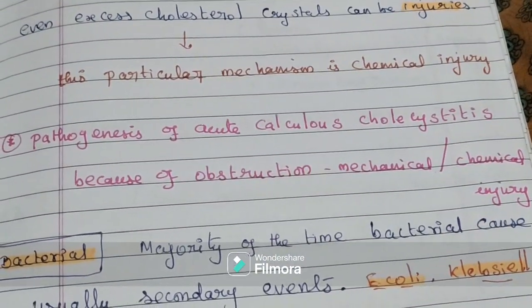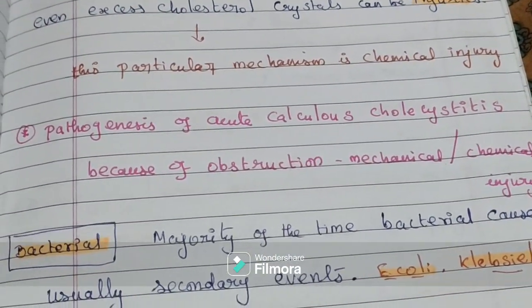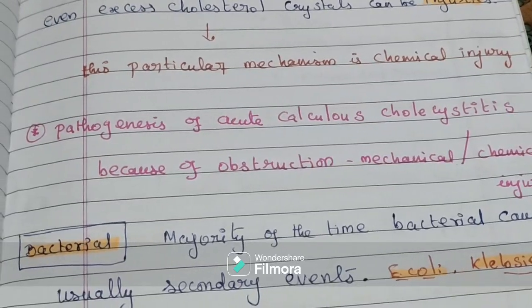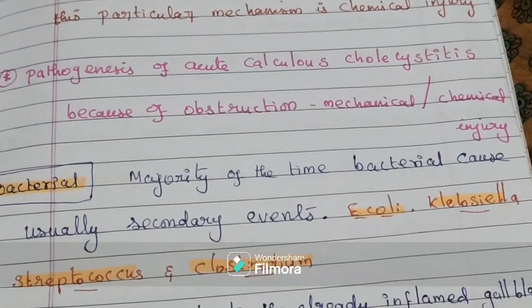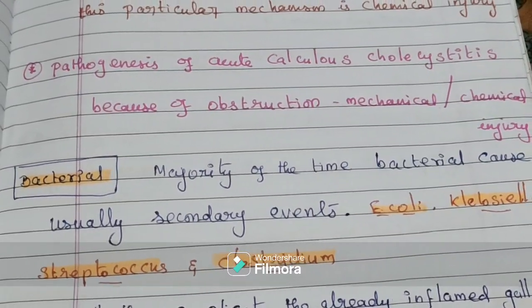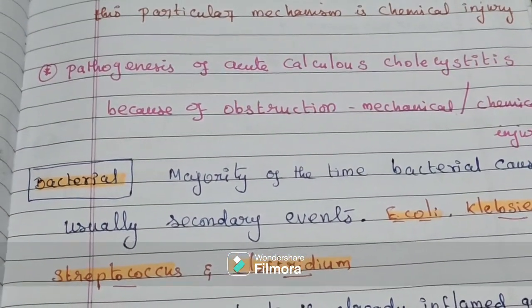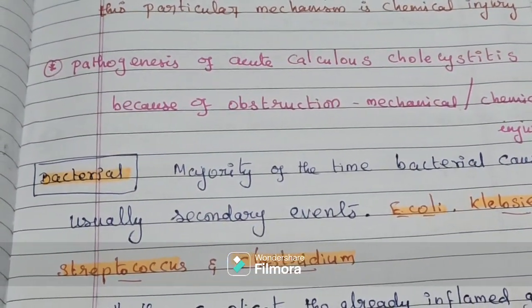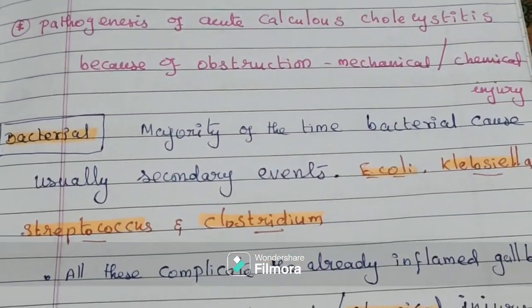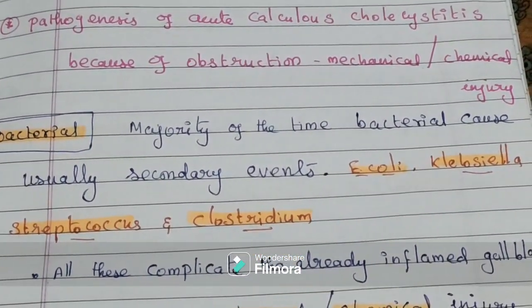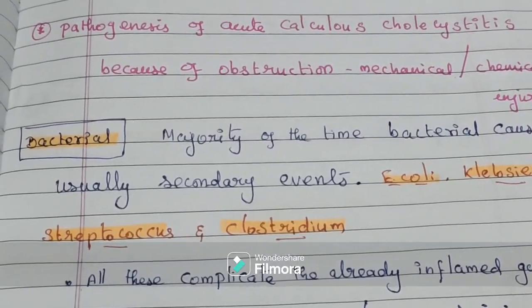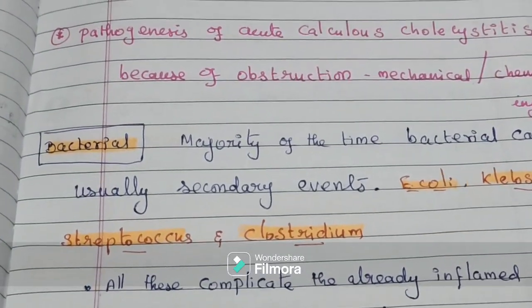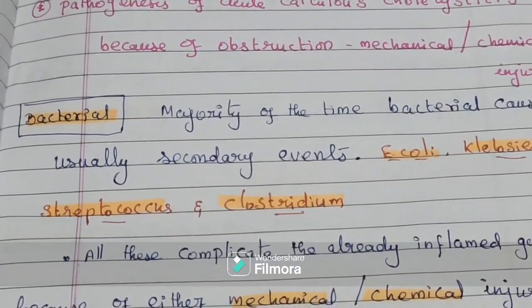Lastly, there can be bacterial causes as well, but the majority of the time bacterial cause is a secondary event. E. coli, Klebsiella, Streptococci, and Clostridium are the usual organisms.